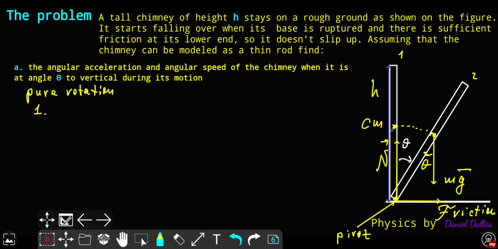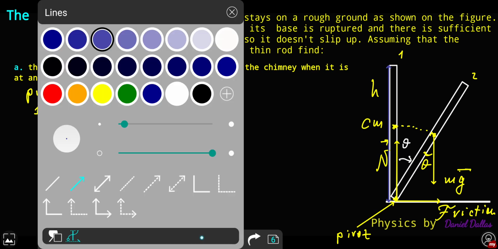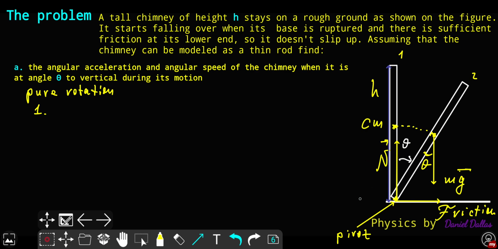Assuming that your chimney is uniform, that means the mass is evenly distributed in the volume of the chimney, we can say that the center of mass has a position of half of the height, right? So that's the starting position. That means the potential energy at position 1, EP, as we normally calculate it, is going to be mg h/2, okay?